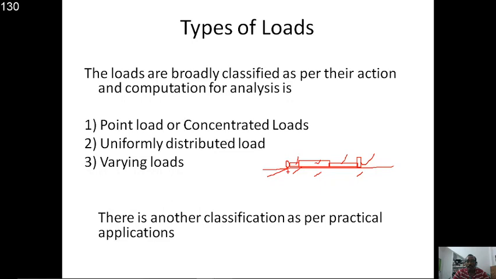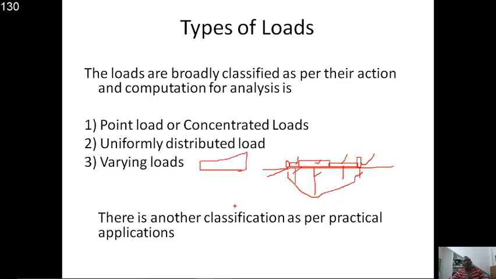Hence this varies. If you draw this in the figure, it might be like this. These are the forces. So this is a varying load. This type of load variation is known as the varying load. It can be like this, like this, like this.